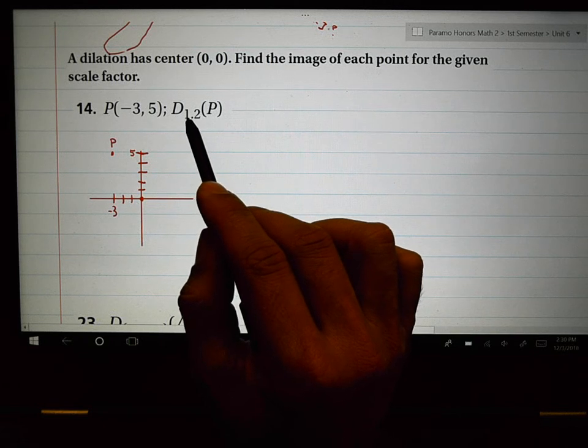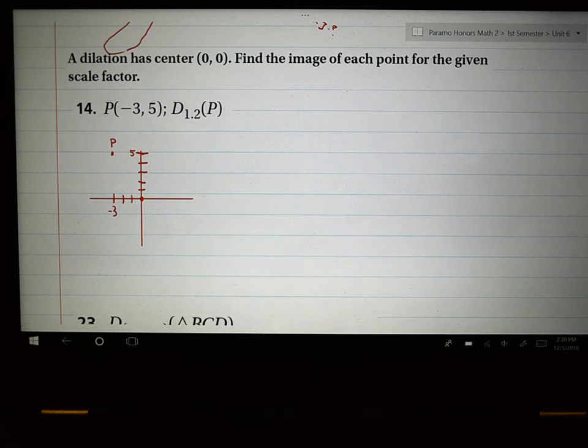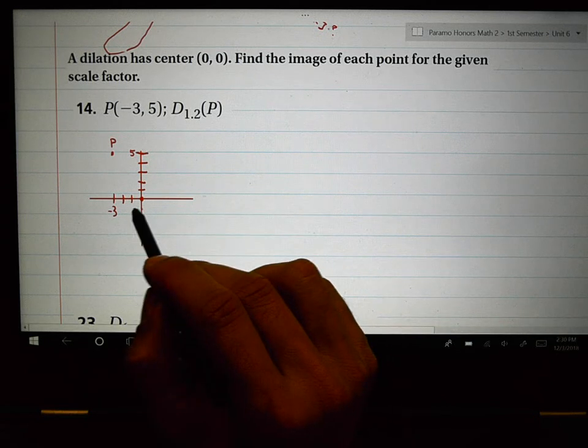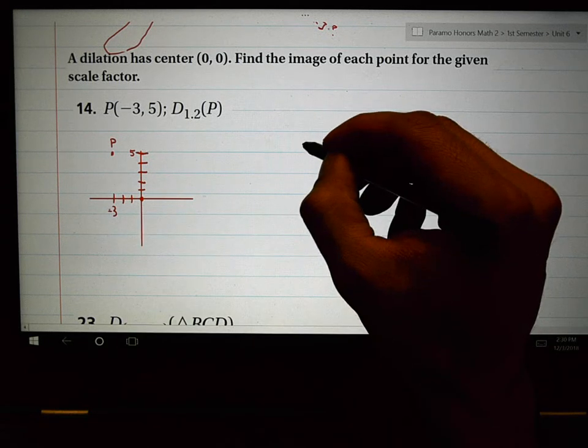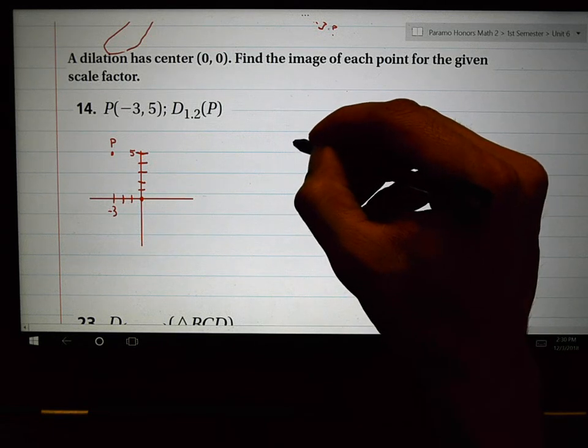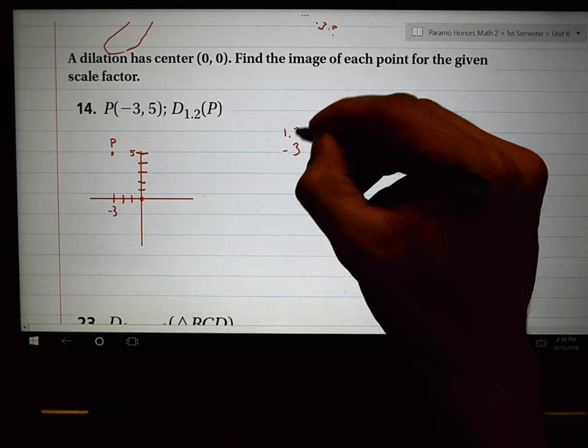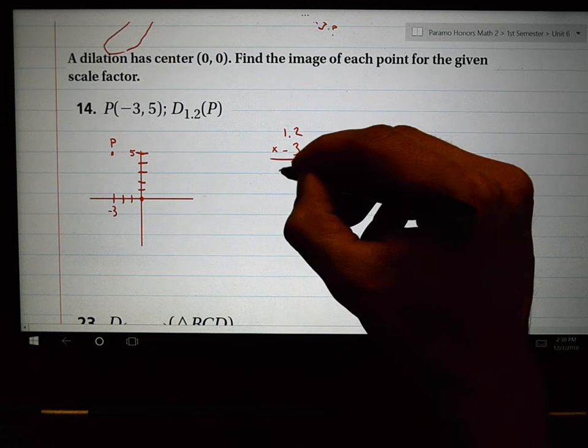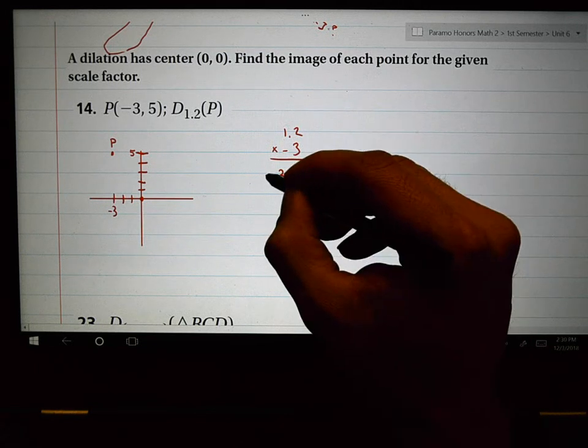And whenever you have a scale factor that is 1.2 times bigger, that also works in the X and Y directions. So if I went 3 units to the left and I want to go 1.2 times bigger, then it's very simple to do 3 times 1.2, and you could figure out where your new point would be.